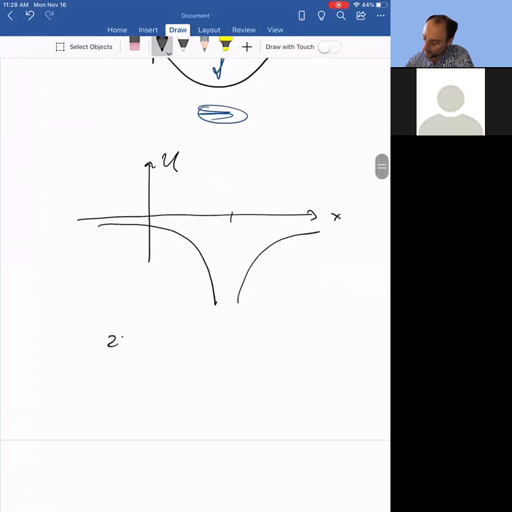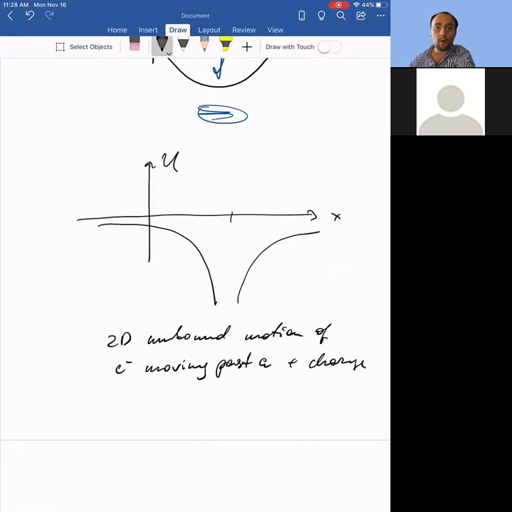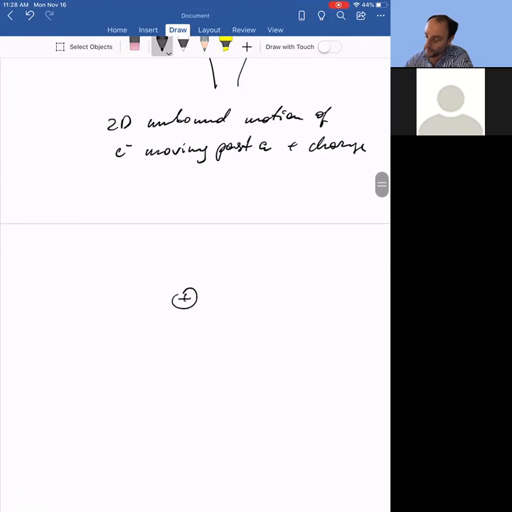So 2D, unbound motion of electron moving past a positive charge, or moving past an ion. So what would that be? Well, here's a positive charge, and commonly it's drawn like this.